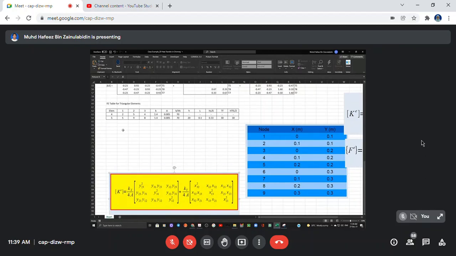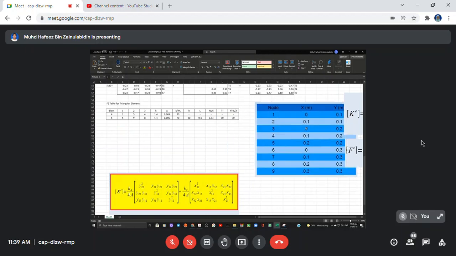Okay, try to think the best way how to do it. We need to calculate y23, so that means we need to know what is the... okay, I think we need to copy this. We need to copy this.